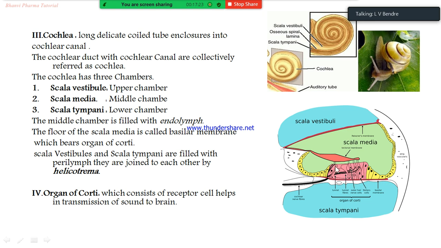The main function of the organ of Corti is that its receptor cells help in the transmission of sound to the brain. This is a very important function.